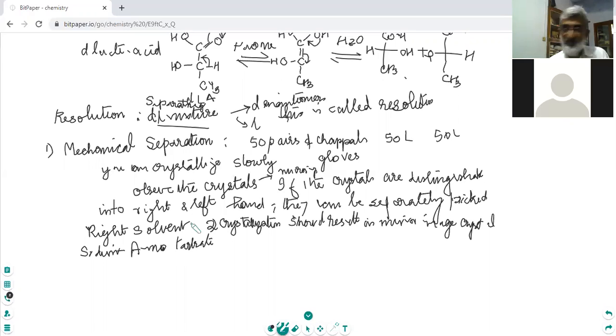And the first person who found optical activity is Louis Pasteur. You must know Louis Pasteur, but for many reasons, he is the first person who found out optical activity in organic compounds. And the first compound was sodium ammonium tartrate.